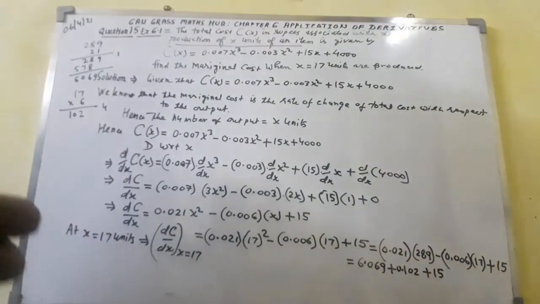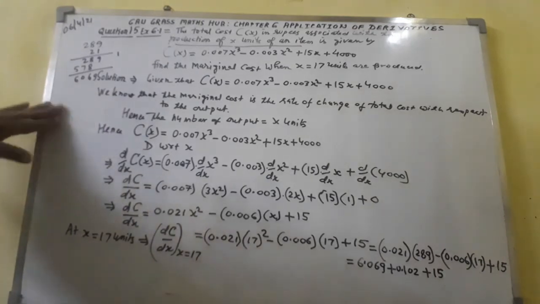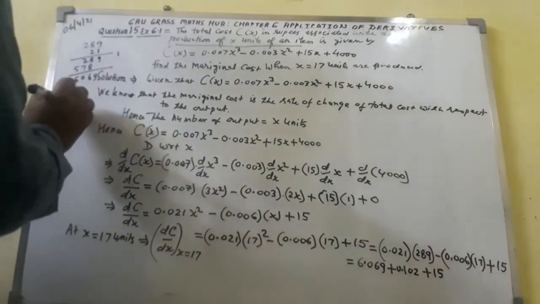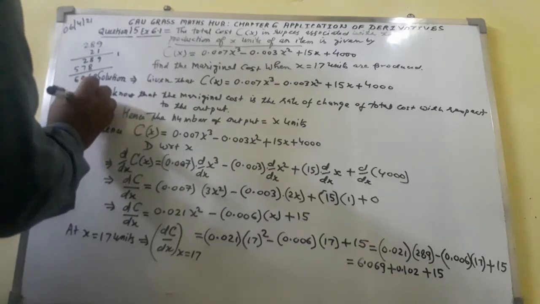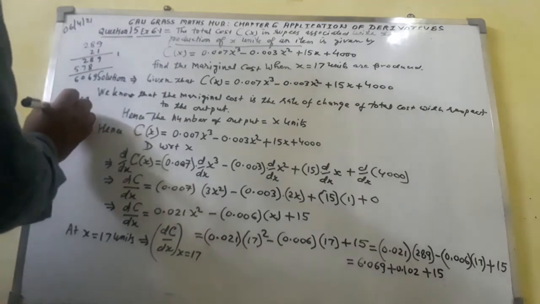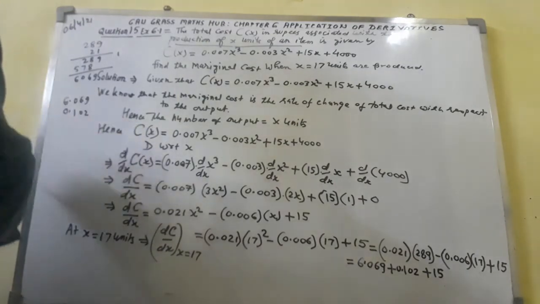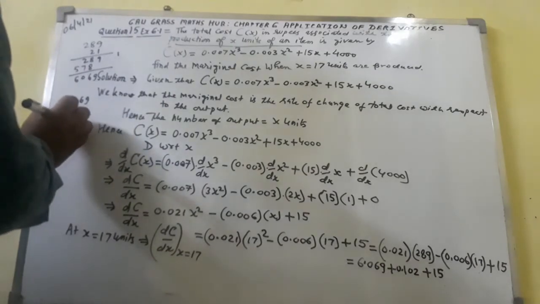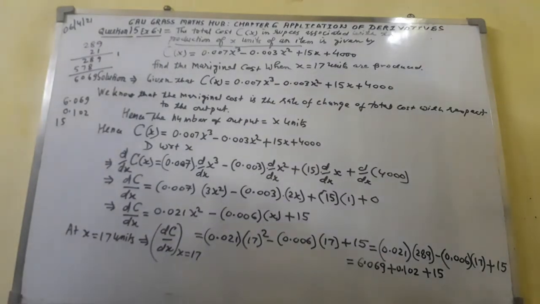Now we shall add 0.069, again 0.102, and again 15. All these will be added together.